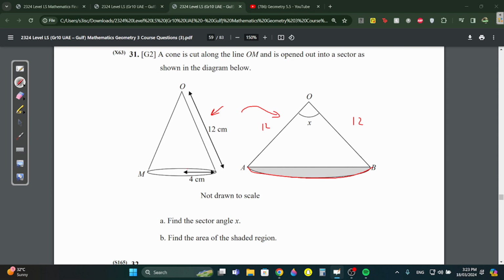This length of the arc is actually the circumference of this circle over here, because you're cutting the cone open and opening up the circle. The circumference of this circle is 2 pi r, which is 2 times pi times 4, which is 8 pi. So this is 8 pi.